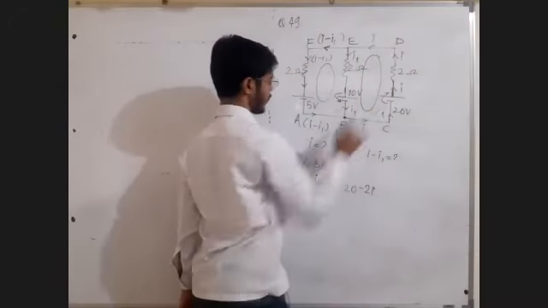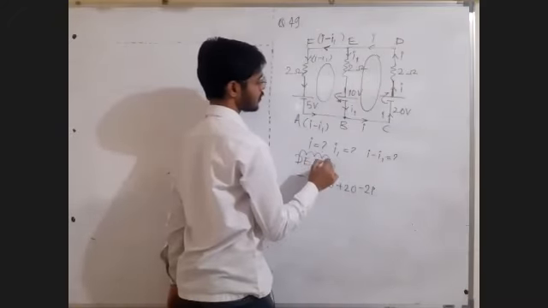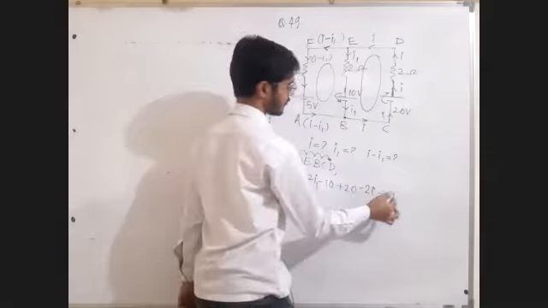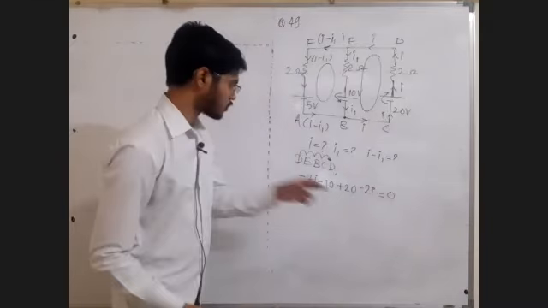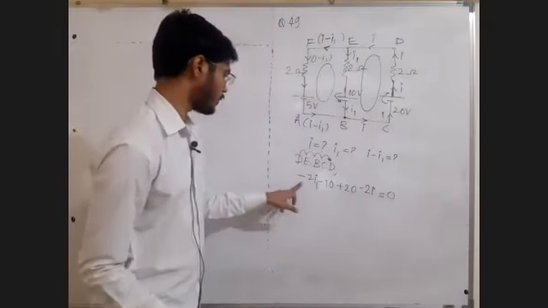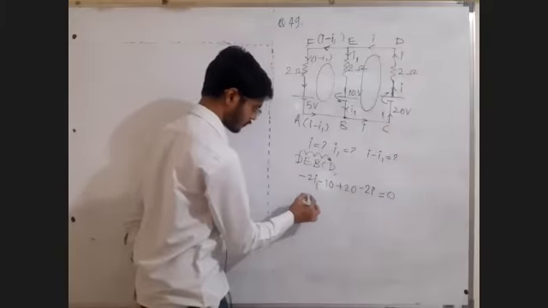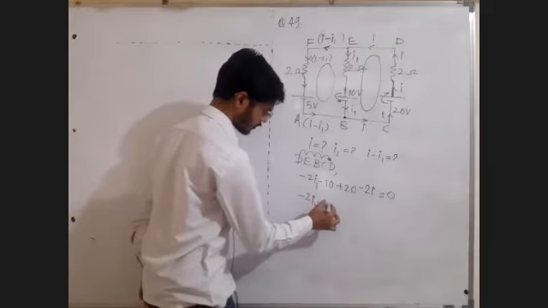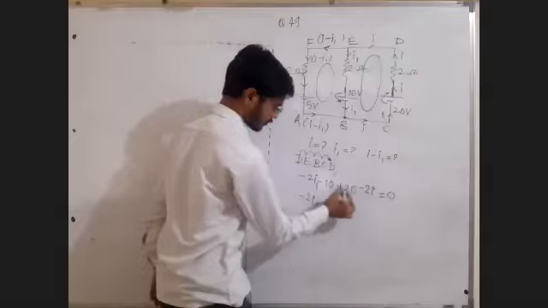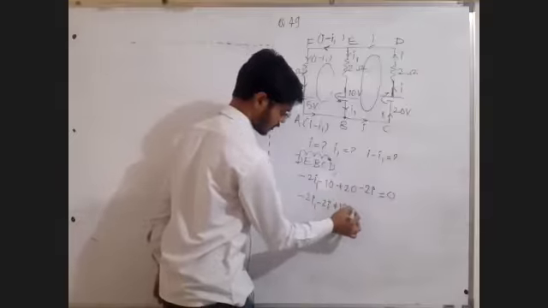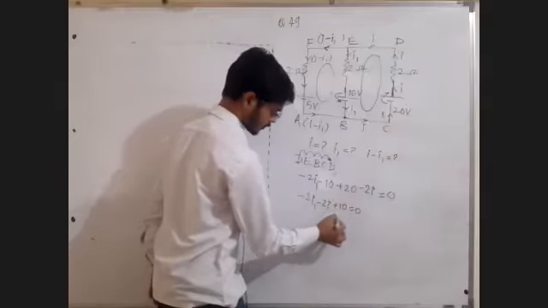I came back to point D, so the sum is equal to 0. So minus 2I1 minus 2I, minus 10 plus 20 is plus 10, is equal to 0. This plus 10 will become minus 10 on the right hand side.